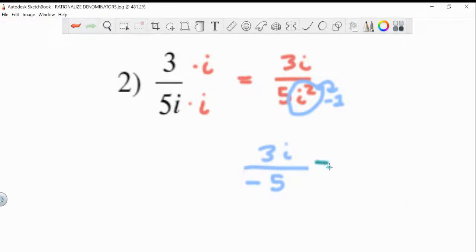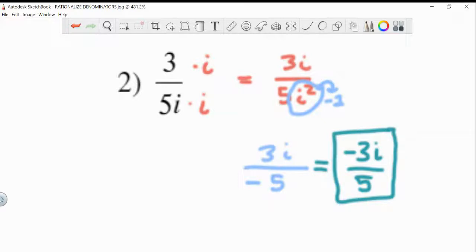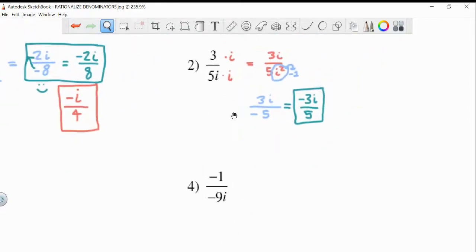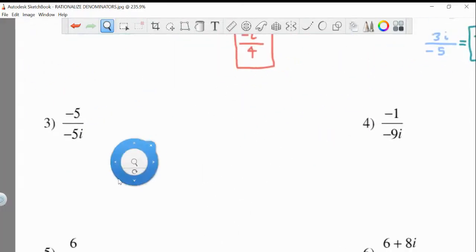But on the test, it probably would look more like -3i over +5. So really, that's probably the best answer. Pretty straightforward. Hopefully that feels pretty easy.